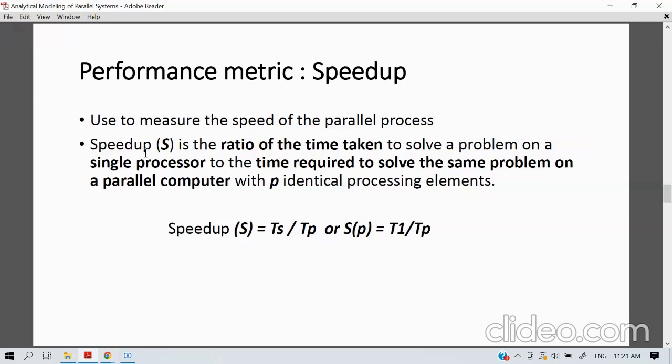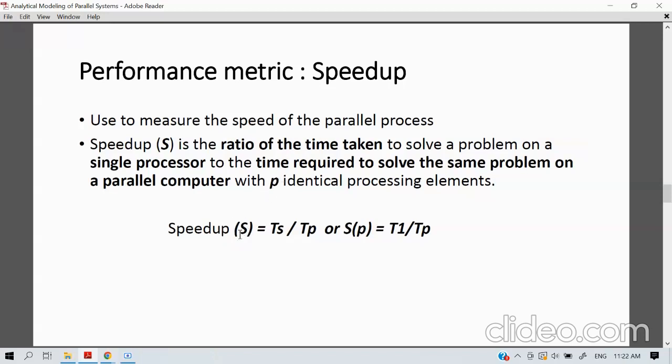The speed up is represented as S. It is the ratio of the time taken to solve a problem on a single processor to the time required to solve the same problem on a parallel computer with P processors. You need to remember, a parallel program must have P.